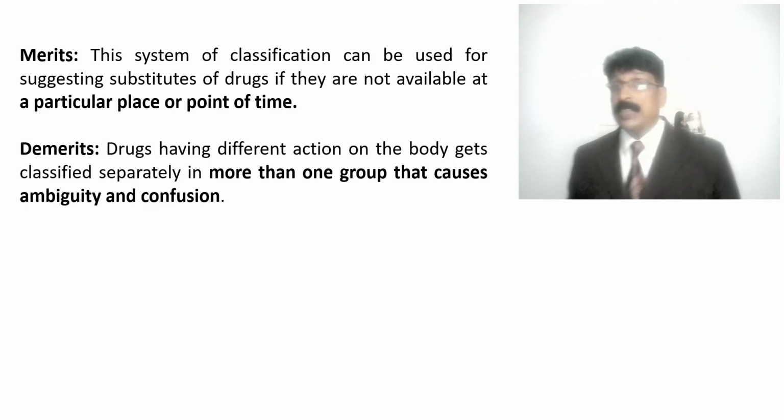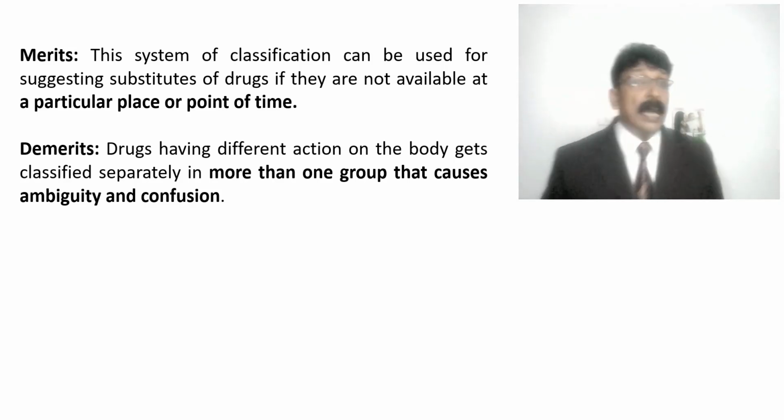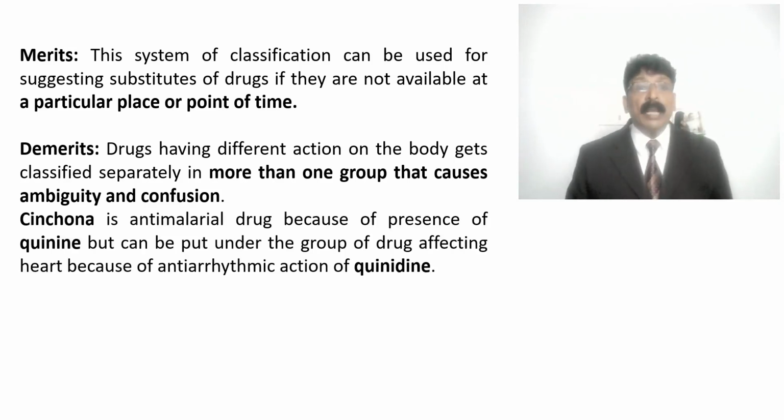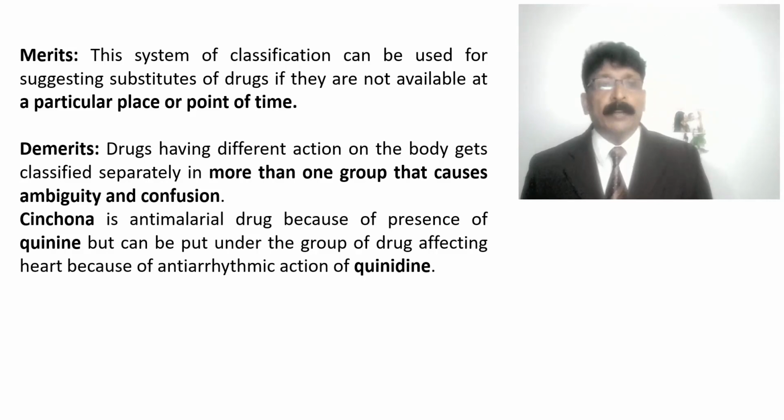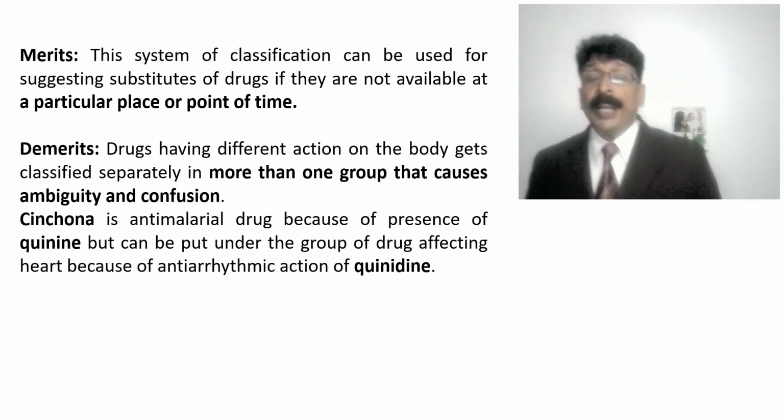Quinidine is also present in the cinchona bark, which has an anti-arrhythmic action. So cinchona is an anti-malarial drug because of the presence of quinine, but it can also be put in another group of drugs affecting the heart because of the anti-arrhythmic action of quinidine, which is also present in the bark.